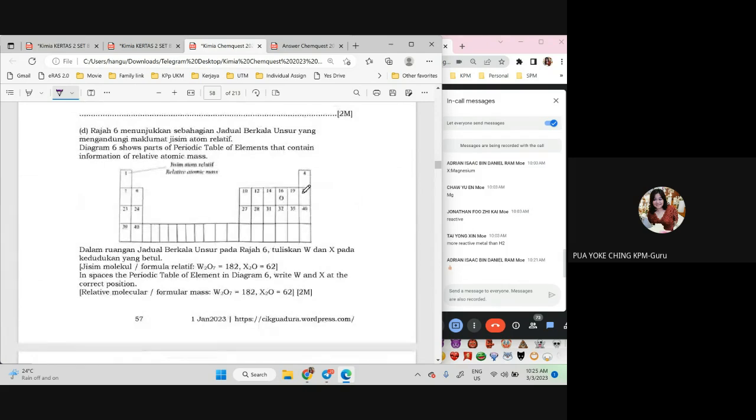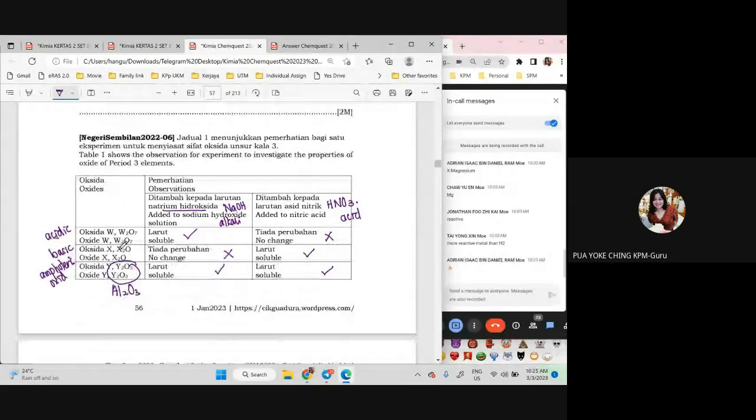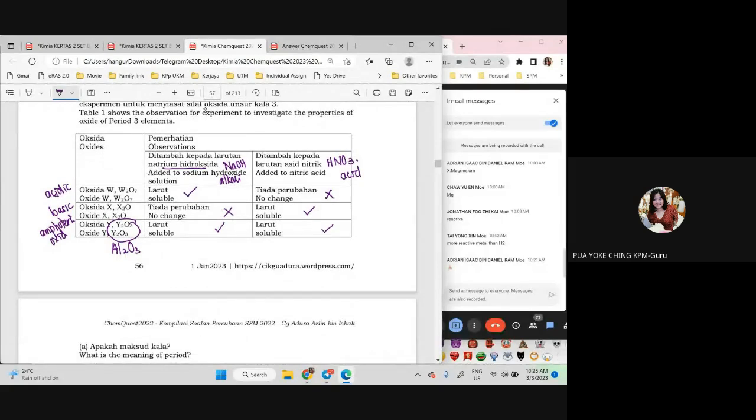The rest, I think, is almost the same. Just that, based on this, if I'm asking you to arrange the elements W, X, and Y according to the size of atom in ascending order, what is your answer?